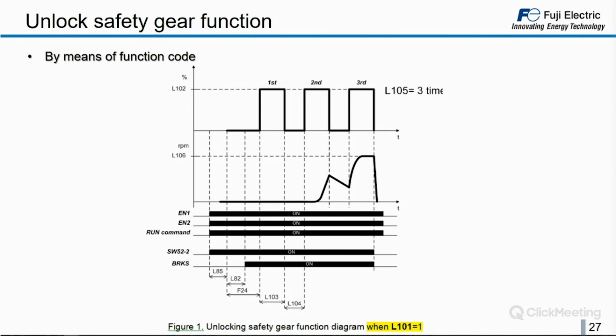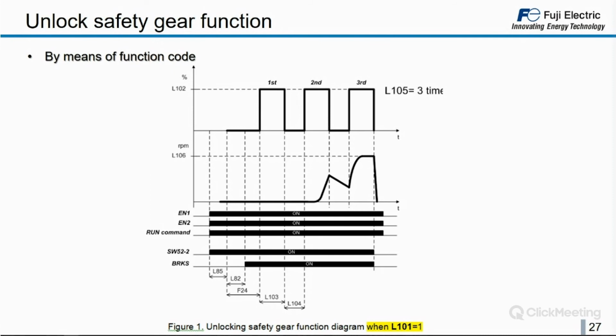And how this function works is a very basic concept. We set a torque level or a current level in L102, and the inverter is going to generate a certain number of pulses of this torque or current. We set this number of attempts in parameter L105. Imagine in L102 we set 180% of overload allowed, and in L105 we set 3.